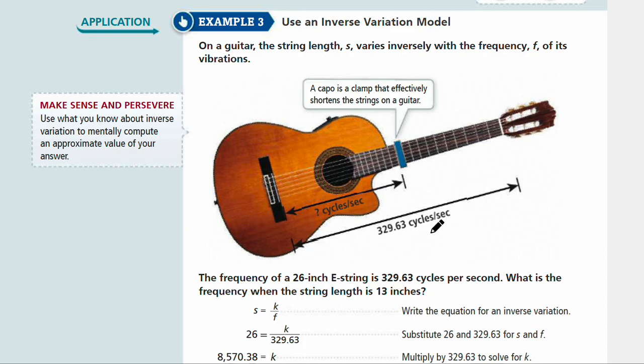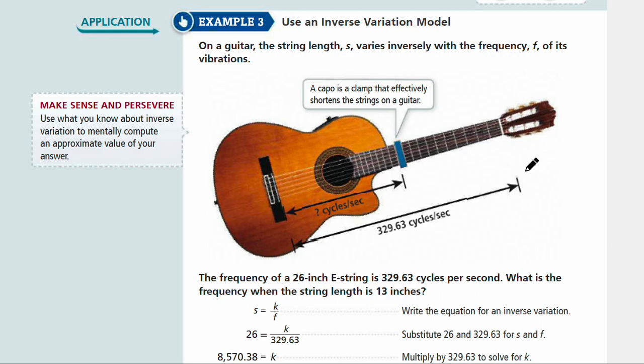It's a full string. We know that it has an inverse relationship, it varies inversely with the frequency f. So the string length s and the frequency are varying inversely.